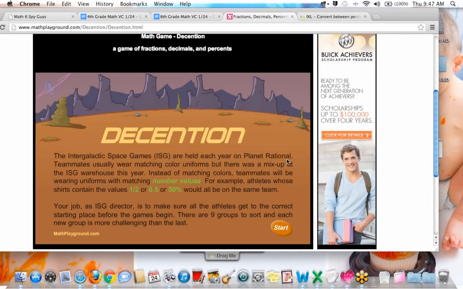Teammates usually wear matching color uniforms, but there was a mix-up at the ISG warehouse this year. Instead of matching colors, teammates will be wearing uniforms with matching number values. For example, athletes' shirts contain values of maybe 1/2, 0.5 or 5/10, or 50%, and they would be on the same team.